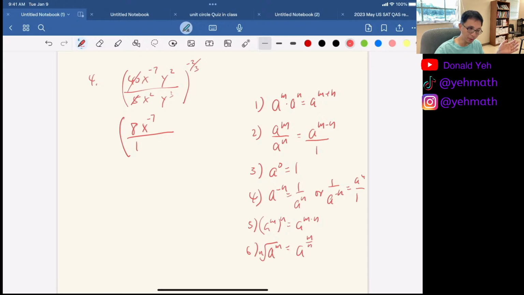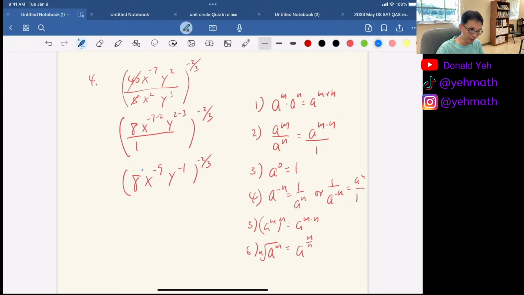Now, rule number 2 is top minus bottom, stay on the top. There's no more x, just x to the -7, and y to the 2 minus 3. Any questions here? That's going to give you 8x to the -9, y to the -1, all to the -2/3.